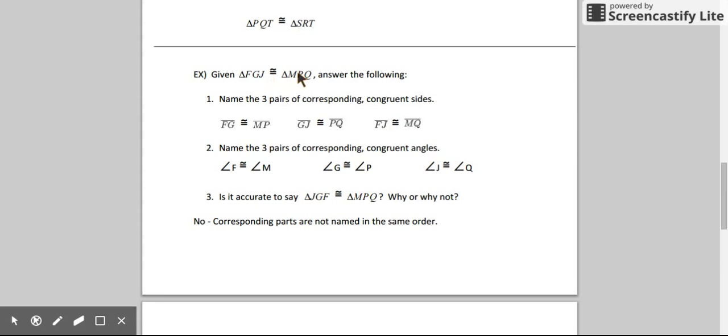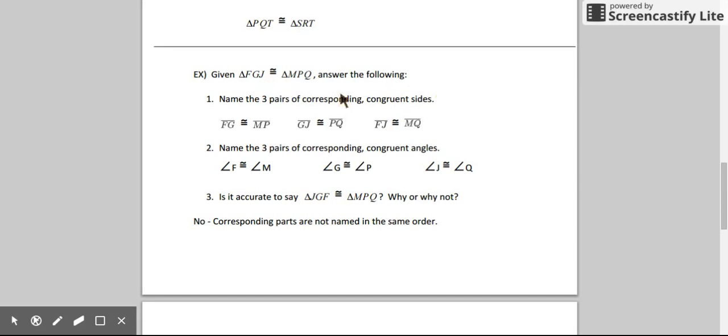And angle J corresponds with angle Q, they're also congruent. The congruent segments would be segment FG and MP, segment GJ and PQ, and segment FJ and MQ. So we can actually get all of the congruent parts just in the congruency statement here.